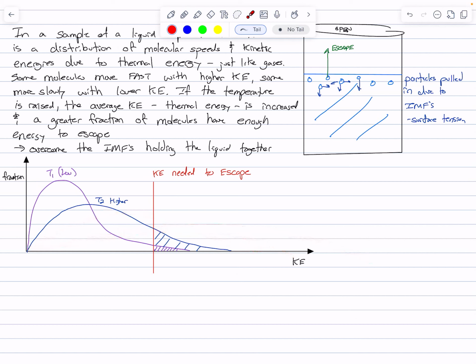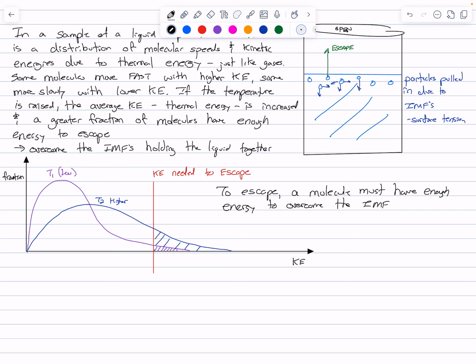And so to escape, a molecule must have enough energy to overcome the intermolecular force attraction.